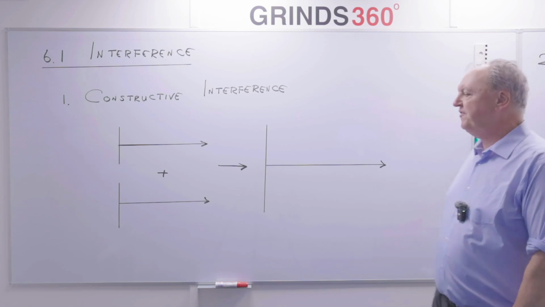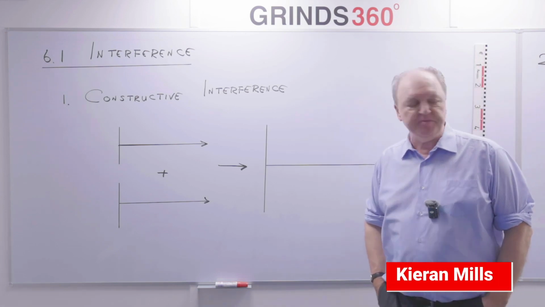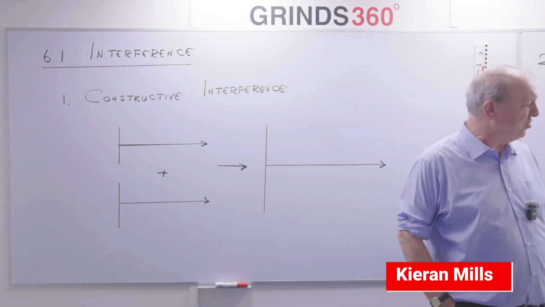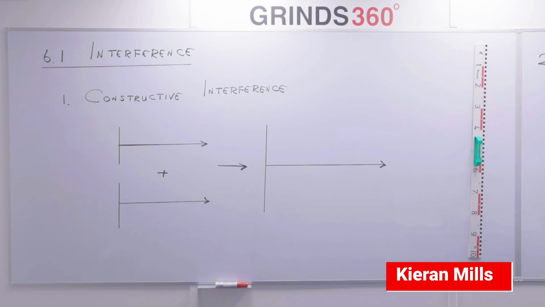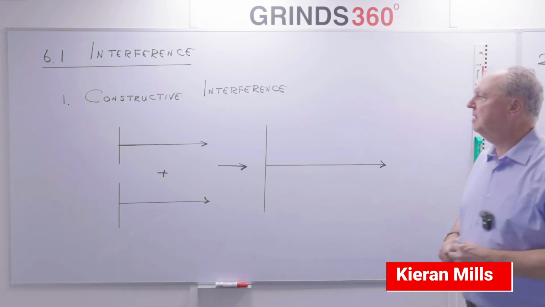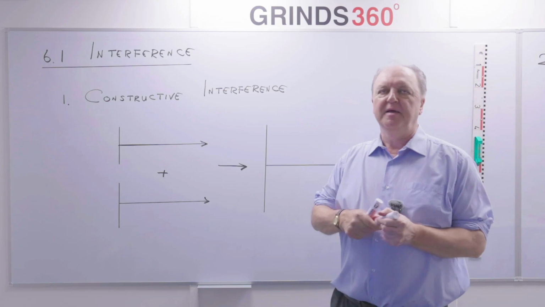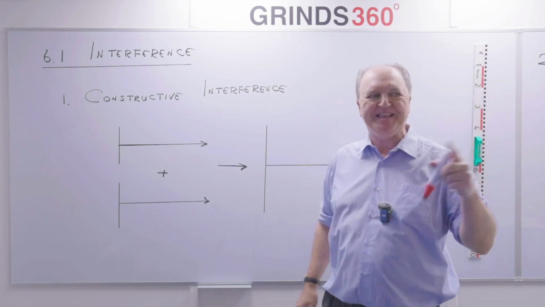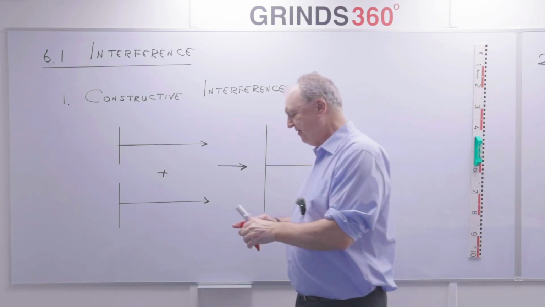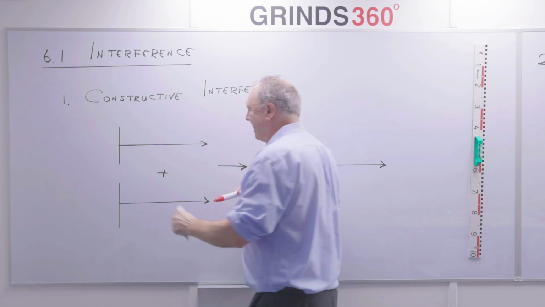So constructive interference. You've got some diagrams in your notes that you're going to draw on. I'm going to take 2 waves, and I'm going to have their starting points in the same place. They're going to both start exactly here.